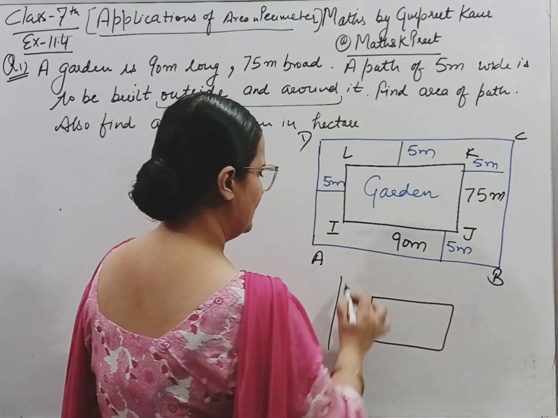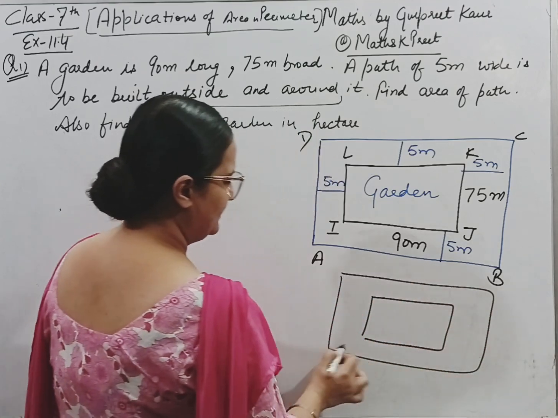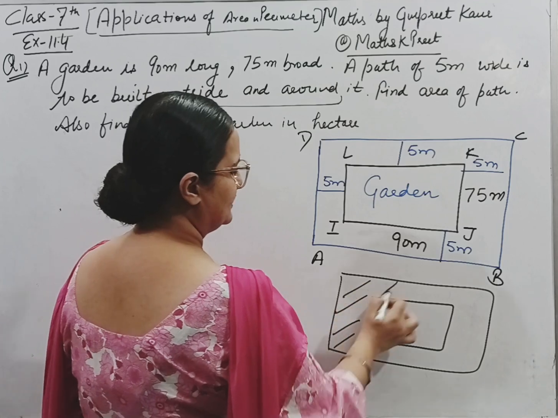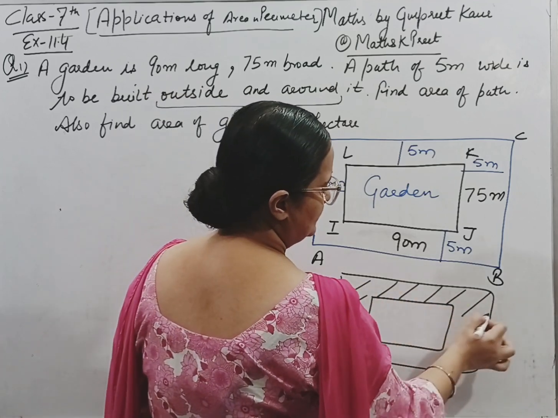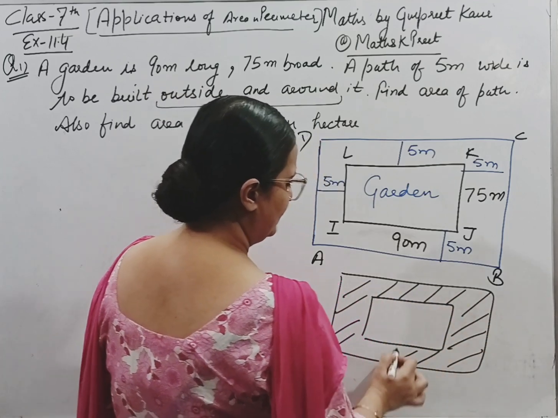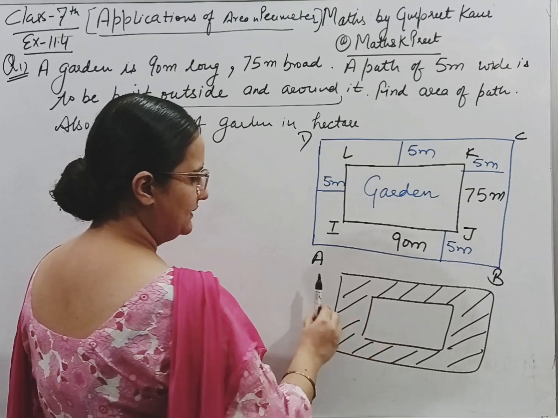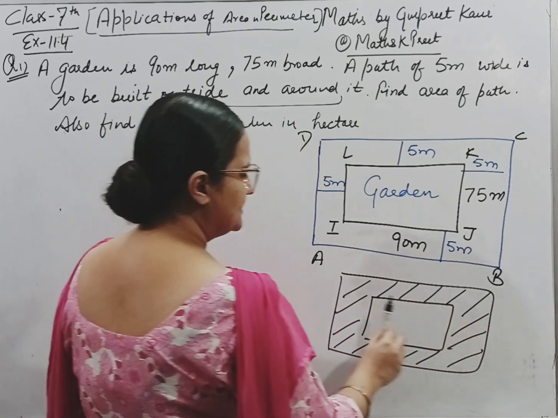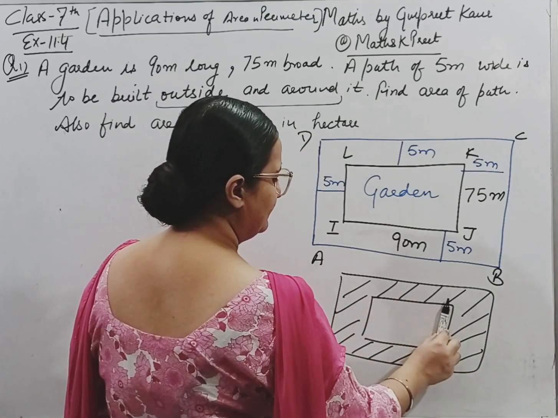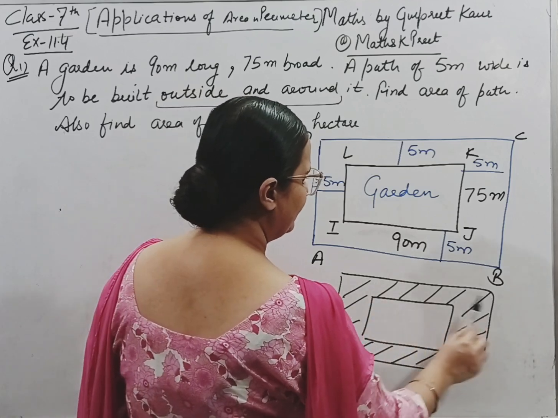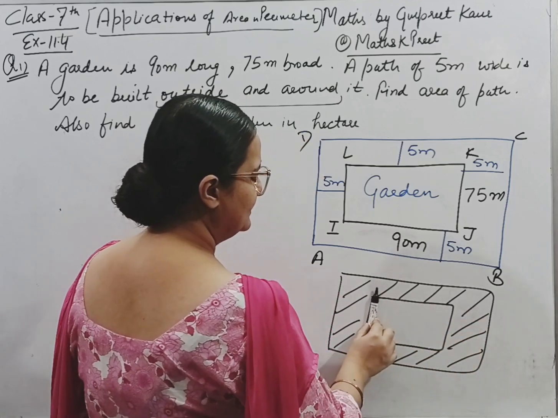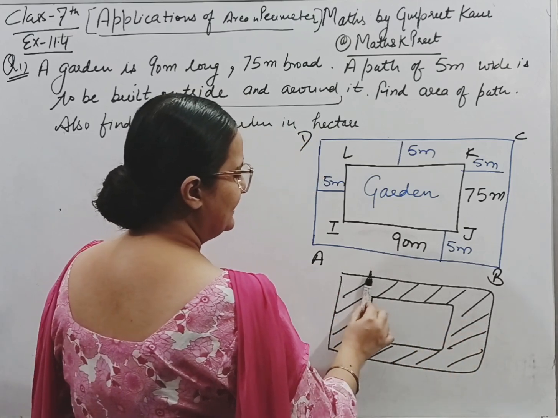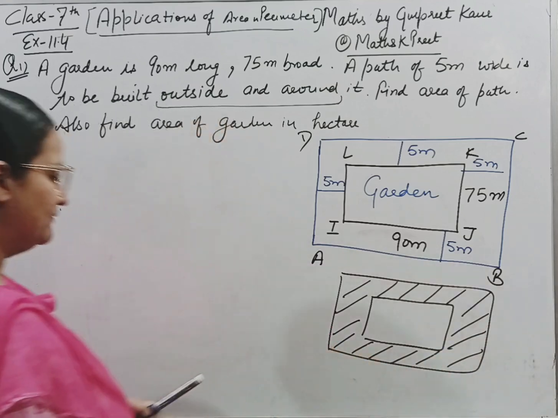It is asking me to find the area of this path. This is possible to calculate by finding the complete area and subtracting the area of the garden from it. From this complete area, when we subtract the area of the rectangular garden, we will get the area of this path. So what is the formula here?